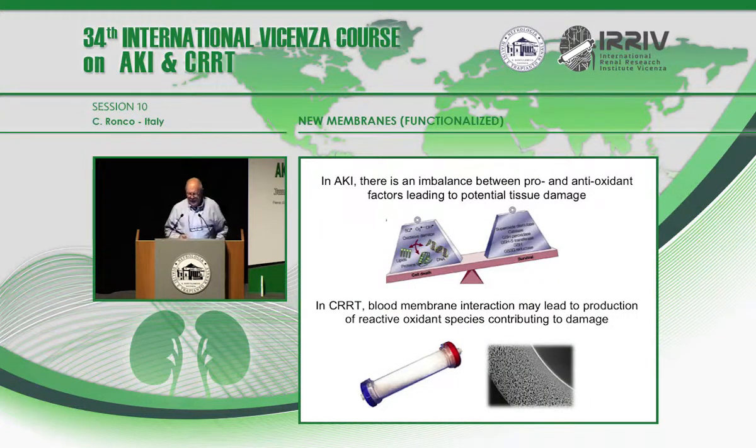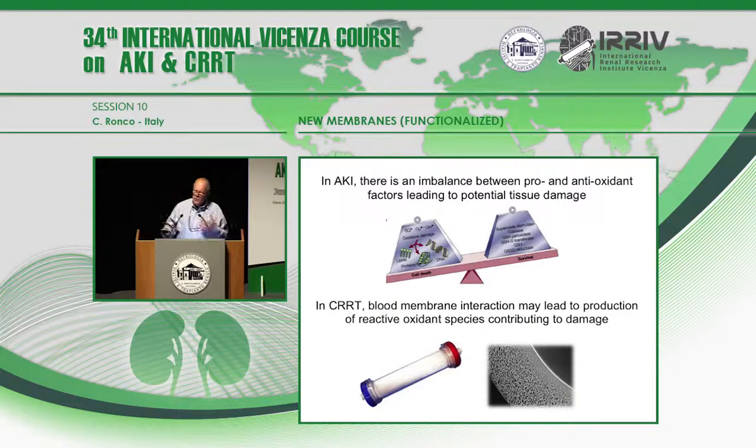So in AKI, for example, there is an imbalance between pro and antioxidant factors leading to potential tissue damage. In CRRT, blood membrane interaction may lead to production of reactive oxygen species contributing to damage.